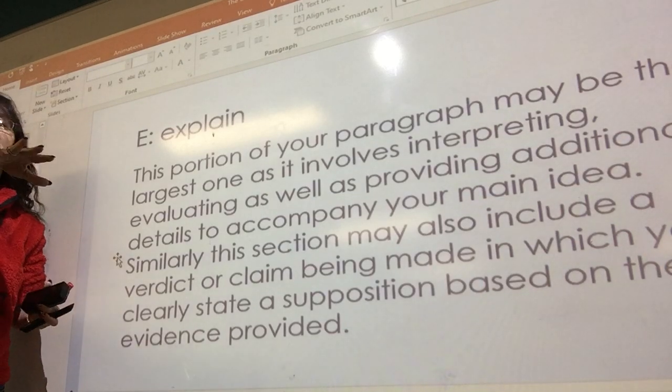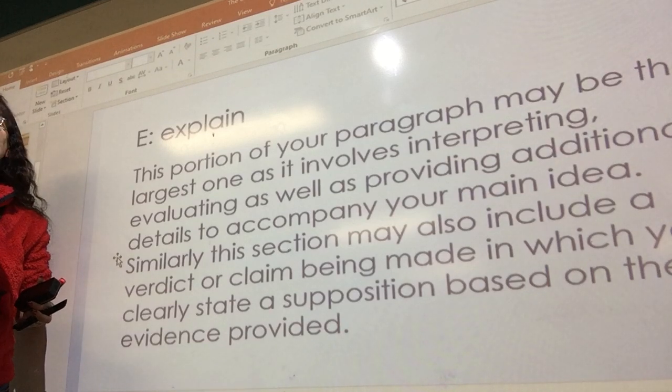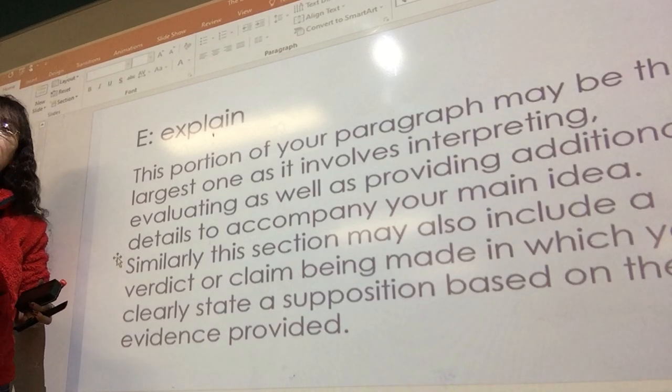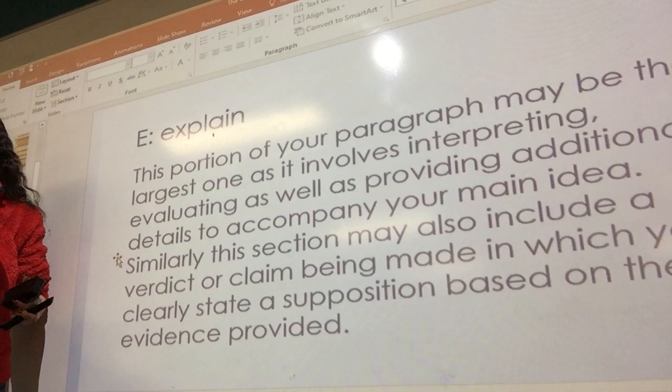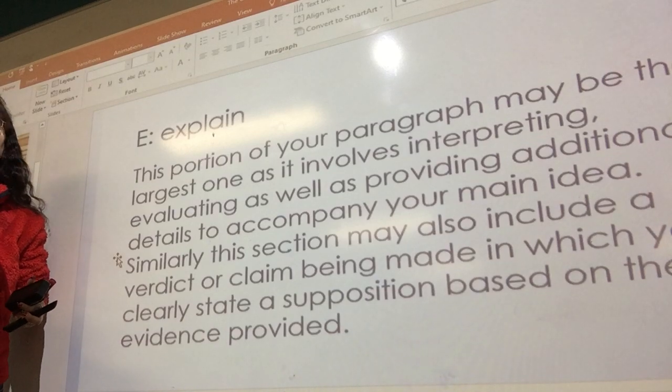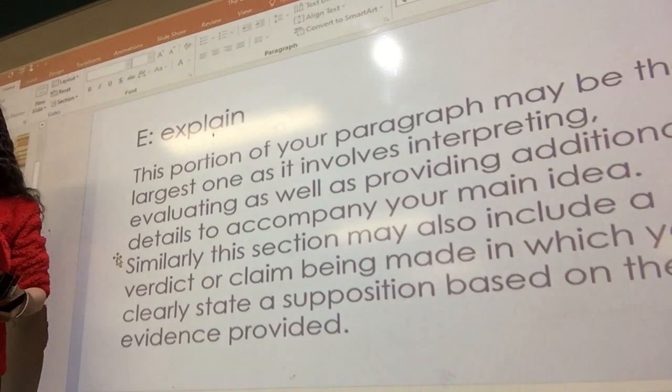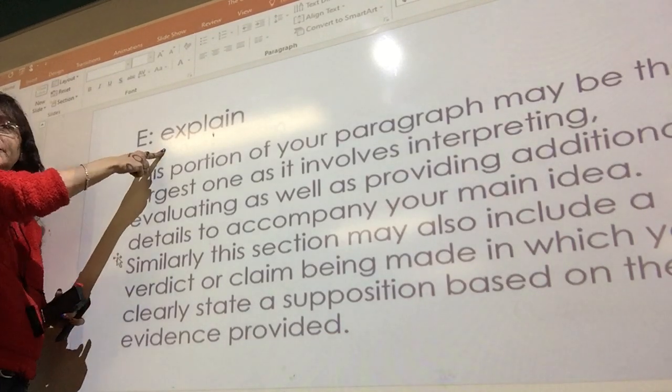Whatever you quote out of the book backs up what you have to say. The book is evidence; what you tell me before using it is the explanation.